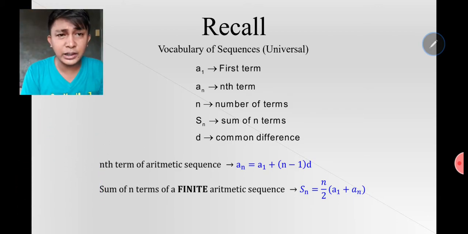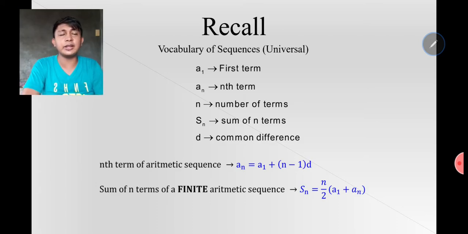The nth term of the arithmetic sequence is a sub n equal to a sub 1 plus n minus 1 times d. And the sum of n terms of a finite arithmetic sequence is s sub n equal to n over 2 times a sub 1 plus a sub n. You should always take note of that.